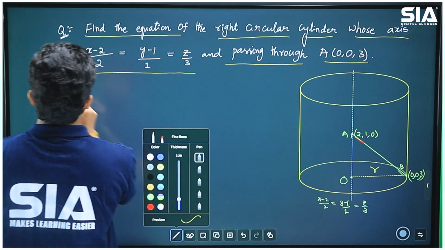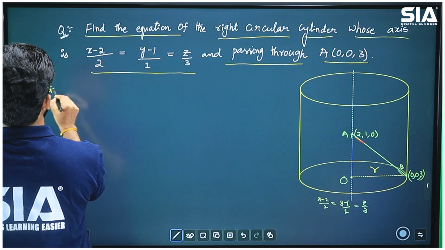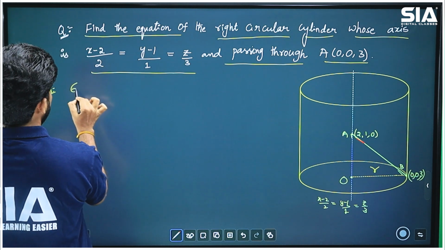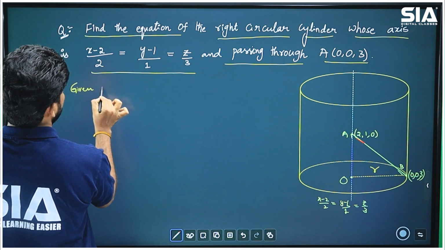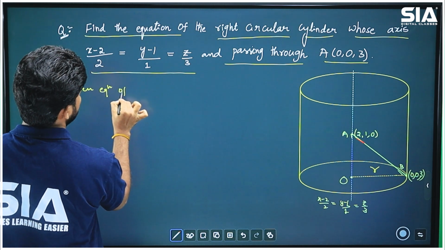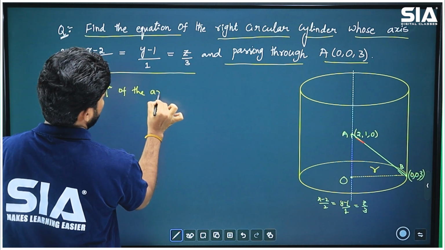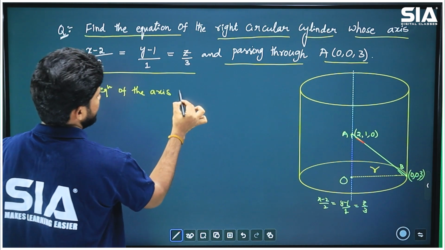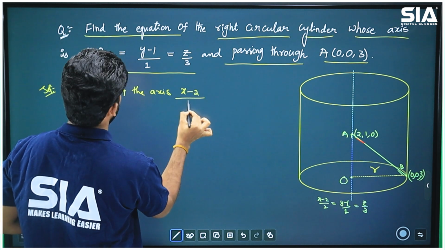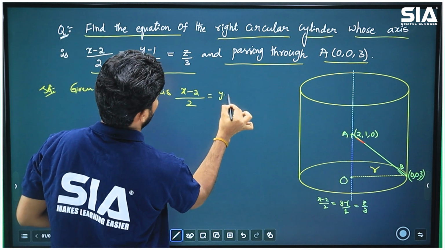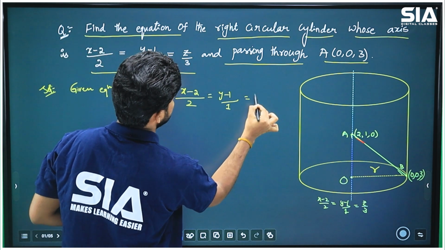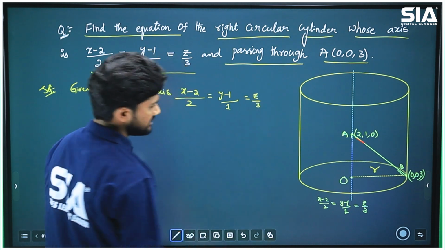Observe carefully. Solution. First of all, I am writing the given line equation. Given equation of the axis. What is that equation? (x minus 2)/2 is equal to (y minus 1)/1 is equal to z by 3.